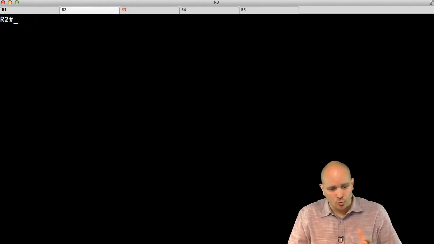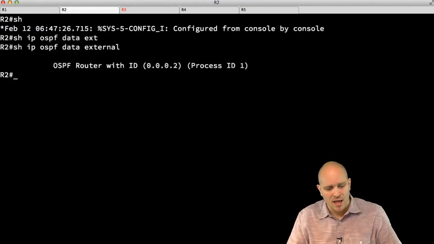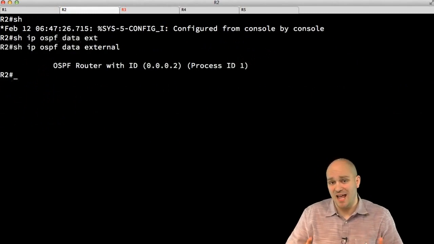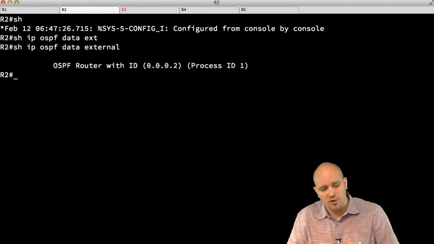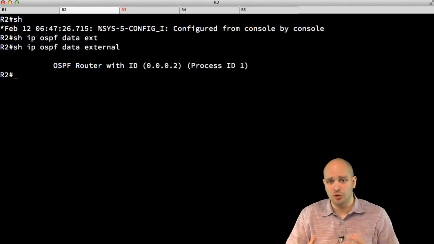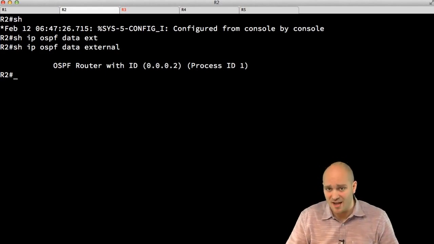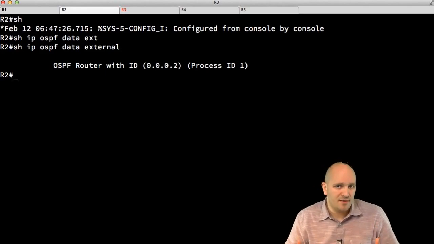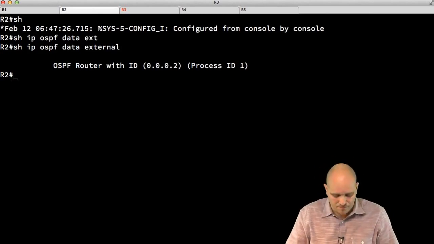Now, if I go back to R2 and do show IP OSPF database external, I'm no longer going to see any LSAs there. That's because show IP OSPF database external shows redistributed LSAs injected into the database as type 5 LSAs. Type 5 LSAs are not allowed in the NSSA area, so what I'm going to have here are type 7 LSAs.